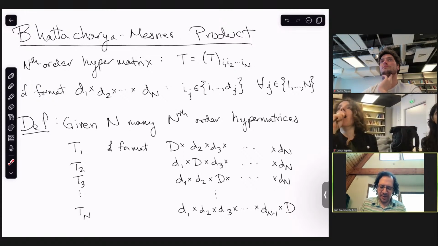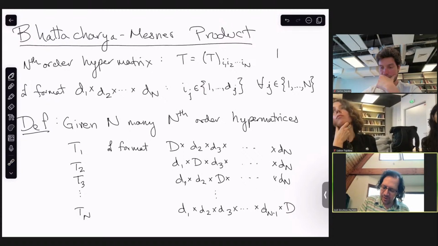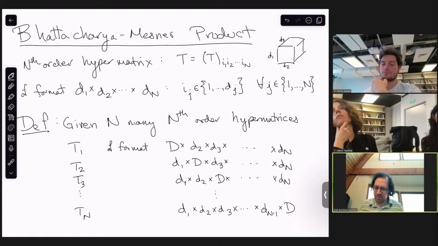I'll say it has format d1 by d2 by ... by dn if the jth index can take on dj different values. If you're thinking of this as a box, say a third order tensor, the di's are the side lengths of the box. So this might be d1, d2, d3, for example.